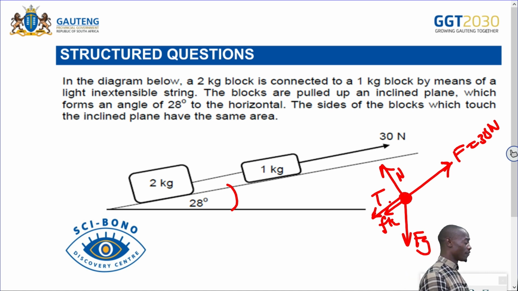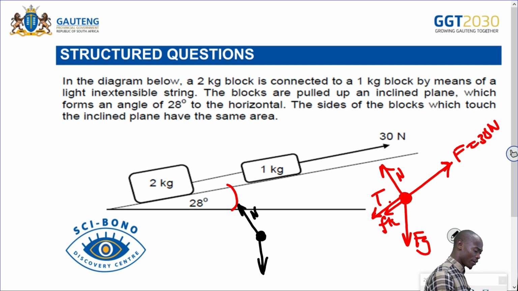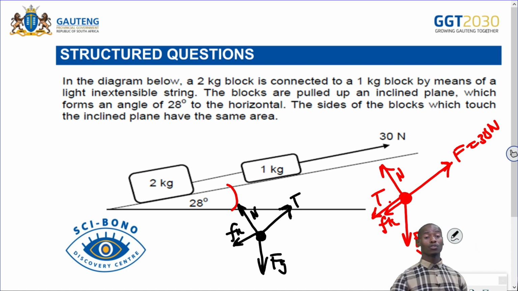5 marks. And then for the 2 kilogram block, we can also draw a free body diagram. We have the normal force here. We also have Fg. And then there's tension here, which is applied parallel. And then there's also Fk. So for the 2 kilogram block, there are 4 forces, but for the 1 kilogram block, there are 5 forces.